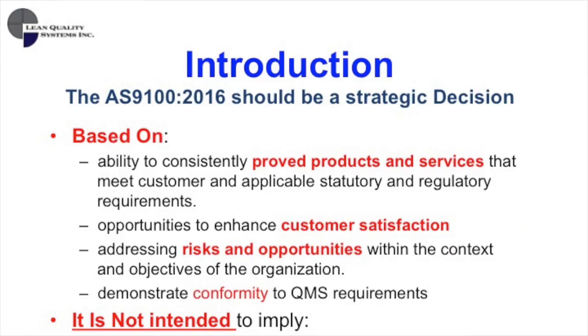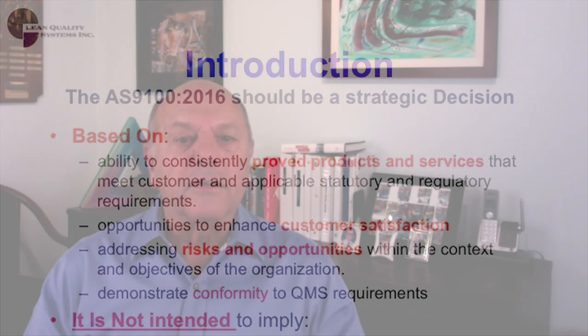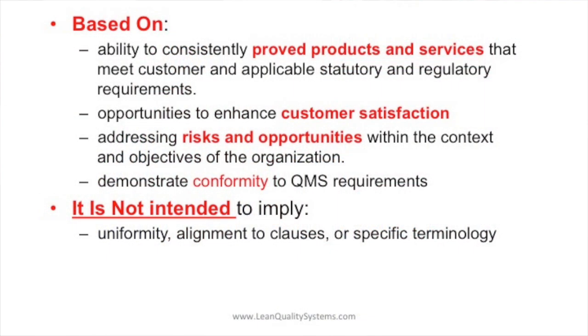So please hang on. The introduction should be a strategic decision for your organization, your company. It should be based on the ability to consistently provide product and services that meet customer and applicable statutory and regulatory requirements. It should also provide opportunities to enhance customer satisfaction, addressing risk and opportunities within the context and the objectives of the organization, demonstrating conformity to the quality management system requirements.